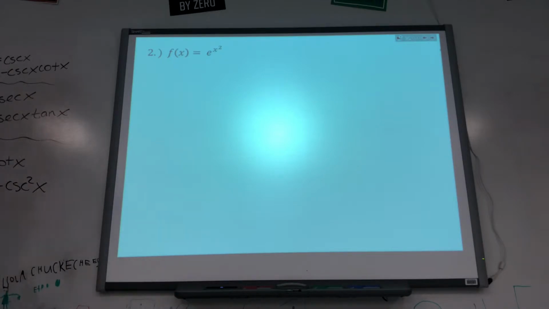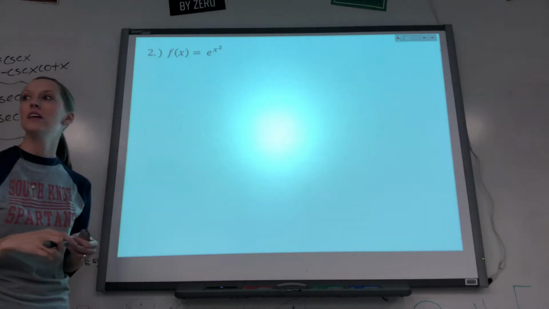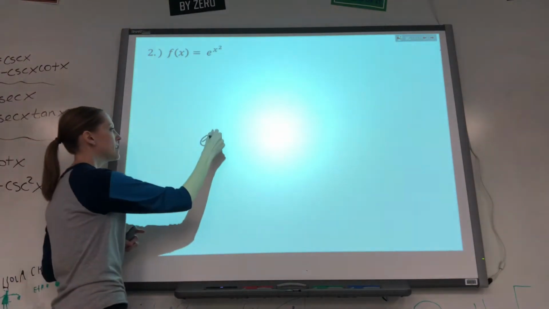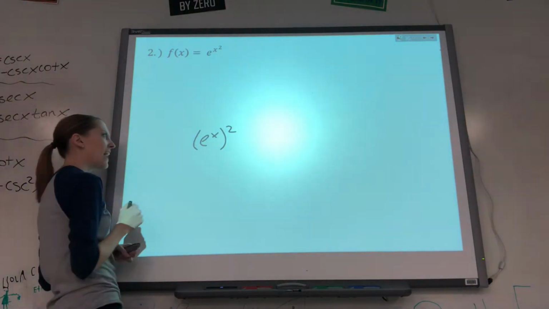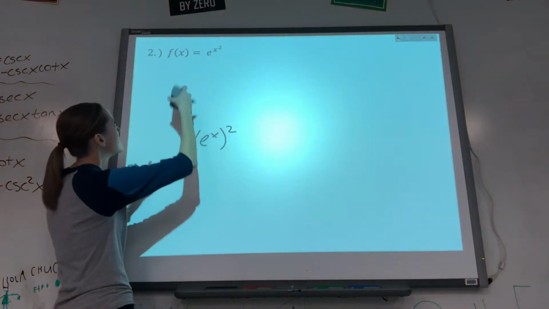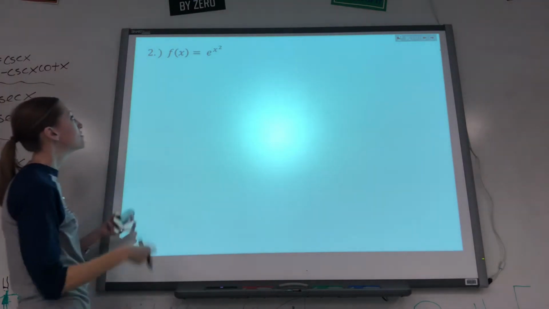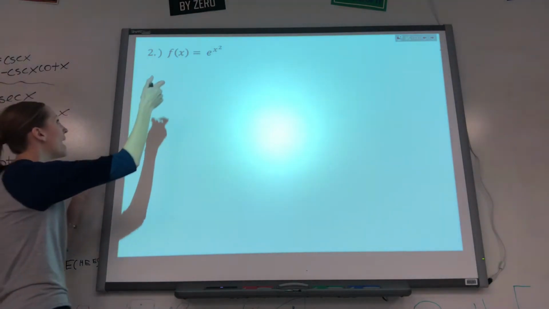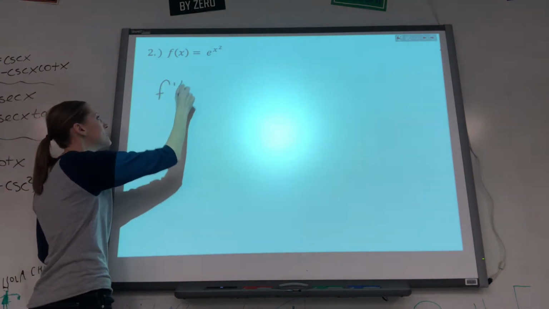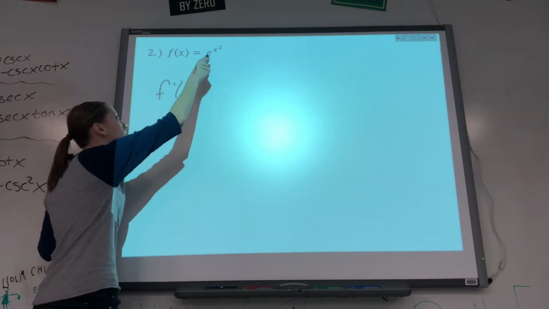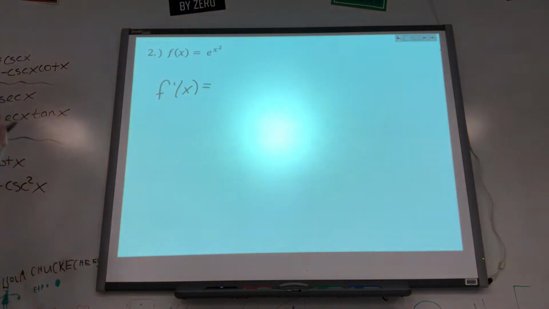But example 2 says f of x equals e to the x squared. It's not e to the x, squared. It's really just e to the x squared. The only thing being squared up there is just the x. But either way, I'm still taking the derivative of e to something other than x.